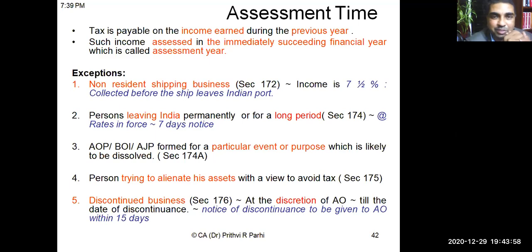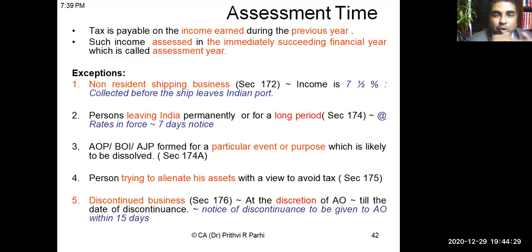When I say 5 exceptions, it means income which is supposed to be assessed in the assessment year may be assessed in the previous year itself. So these are not the normal rule, these are exceptions. How many exceptions did I tell you? 5 exceptions. So the first one is non-resident shipping business.